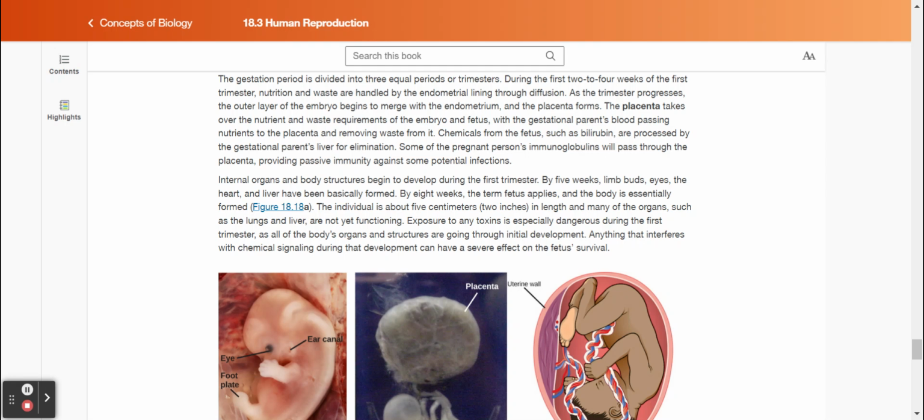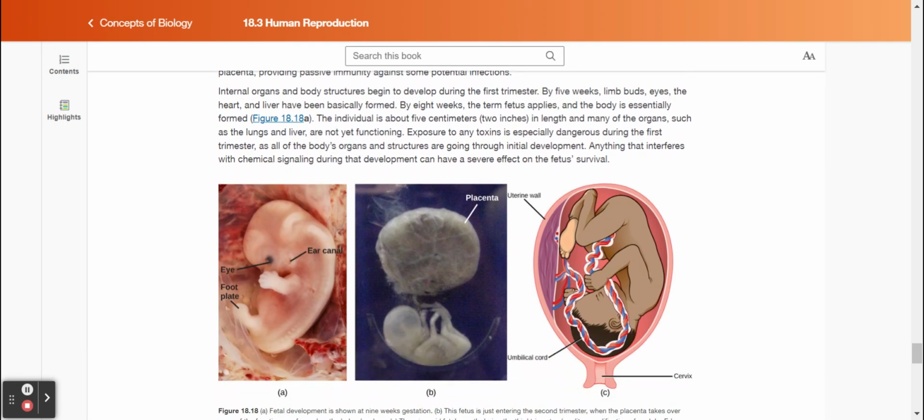Internal organs and body structures begin to develop during the first trimester. By 5 weeks, limb buds, eyes, the heart, and liver have been basically formed. By 8 weeks, the term fetus applies and the body is essentially formed.